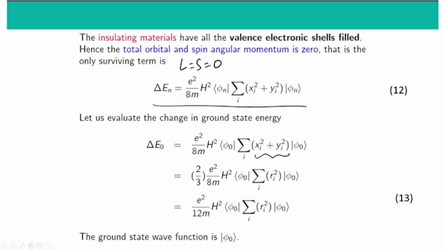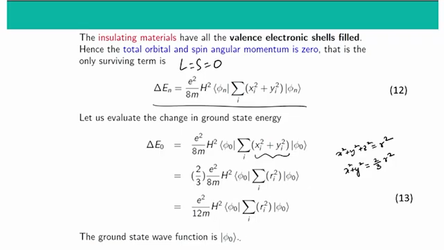And in an isotropic crystal, x square plus y square plus z square is equal to r square. So, if x, y and z are treated on the same footing, then x square plus y square is really 2/3 of r square, and that is what is written. You see a factor of 2/3 coming out, and you have to calculate the coordinate square of those atoms which are involved in this calculation.